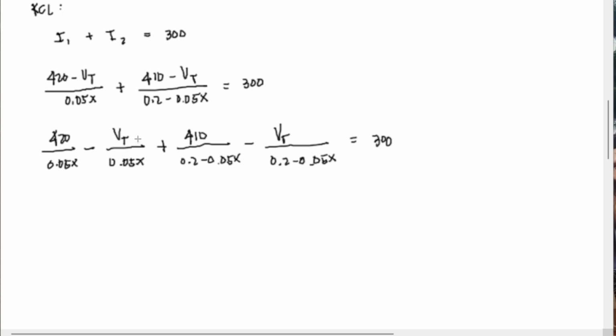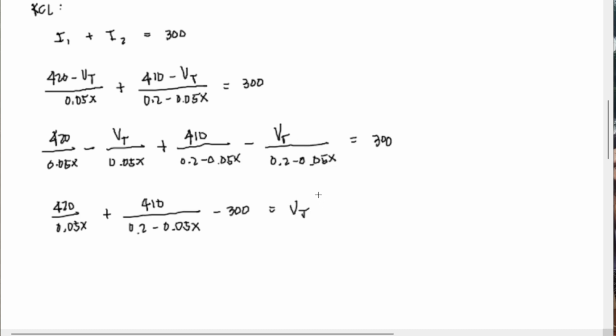Then etong terms involving VT, transpose the other side. Itong constant, transpose dito sa left side. So, what we have is 420 over 0.05x plus 410 over 0.2 minus 0.05x, then minus 300 equals, so etong dalawa magpa-positive, then factor out VT.